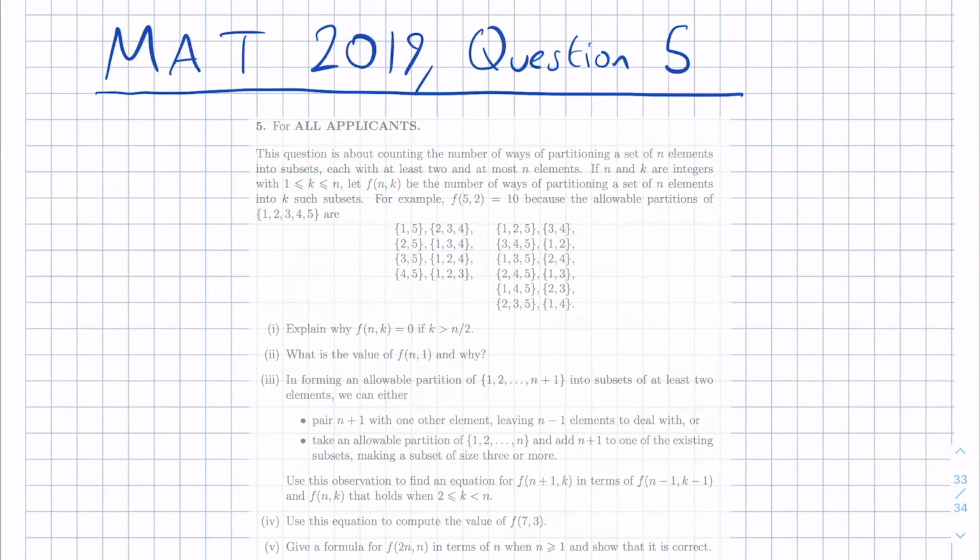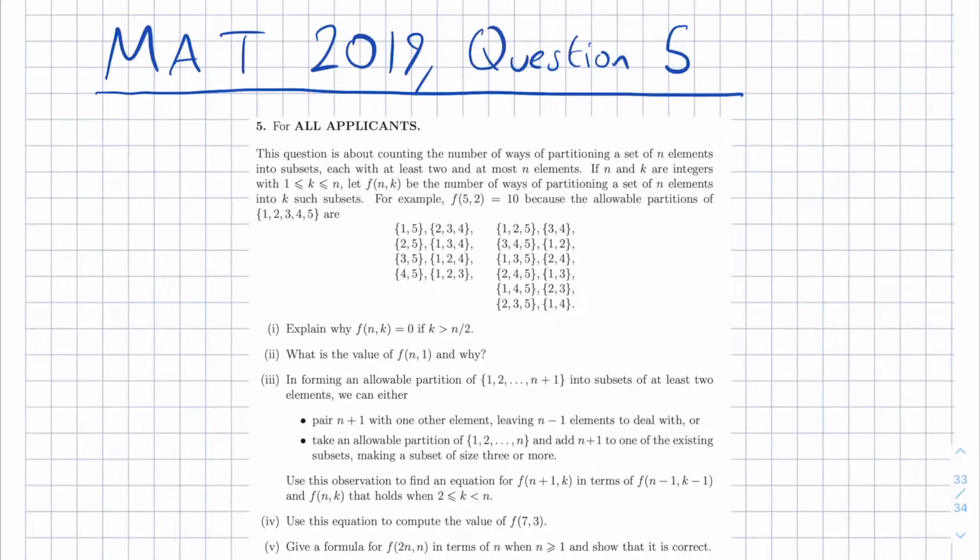The question says, this question is about counting the number of ways of partitioning a set of n elements into subsets, each with at least 2 and at most n elements. If n and k are integers with 1 less than or equal to k less than or equal to n, let f of n,k be the number of ways of partitioning a set of n elements into k such subsets.